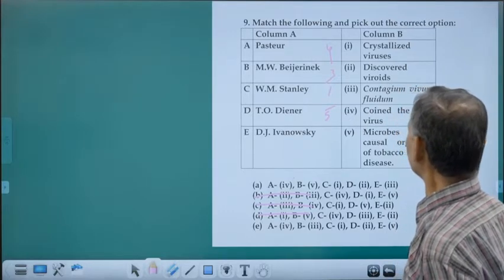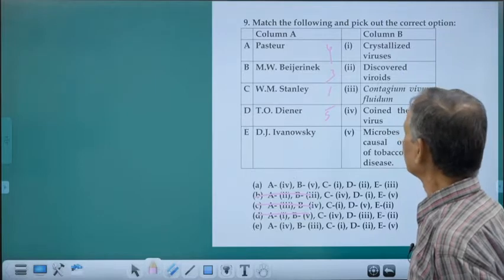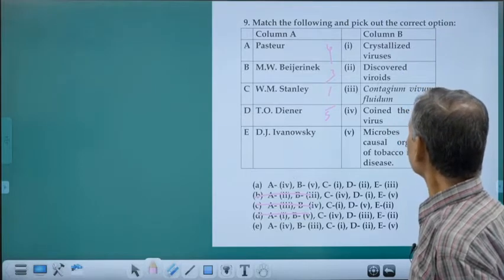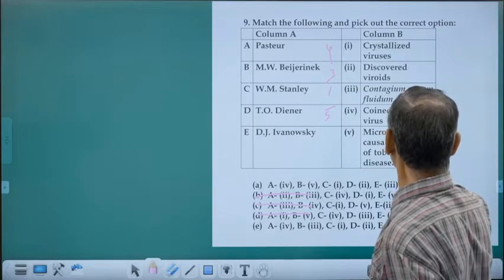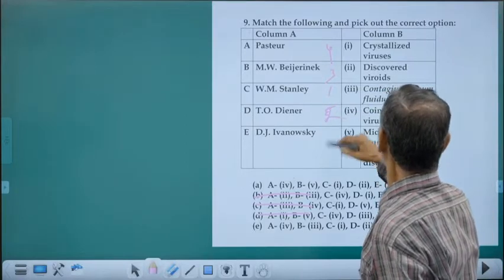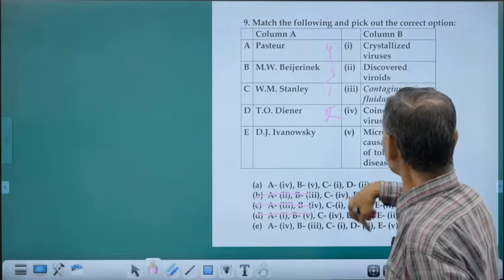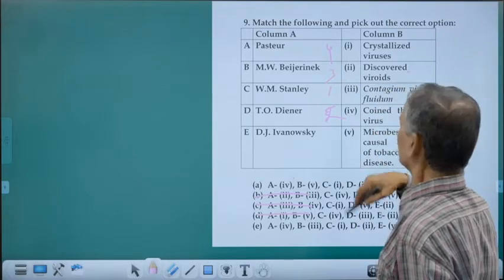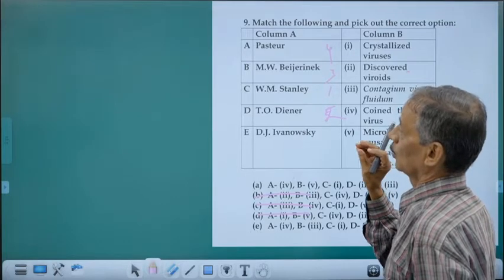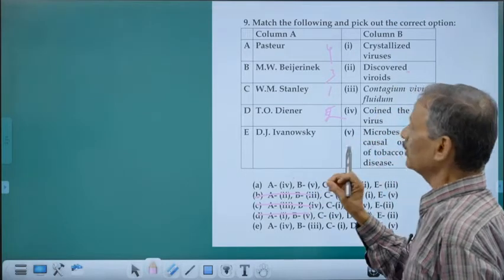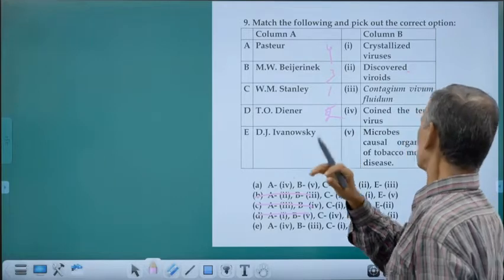D.J. Ivanovsky stated that this disease is caused by certain microbes, the causative organisms. This was later discovered as viroids, and Ivanovsky studied the nature of tobacco mosaic disease and found that it is caused by some microbes.